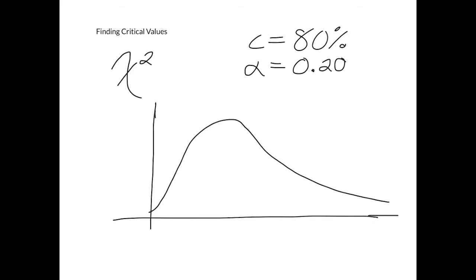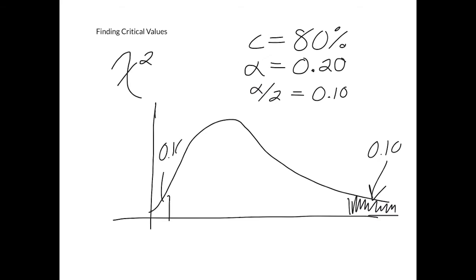But we don't want to put all 20% in the right tail because we're doing a confidence interval. We want alpha over 2 in each tail. That means 0.10. So we're looking to bound 0.10 of the area in each tail, 0.10, and 0.10 there, right?